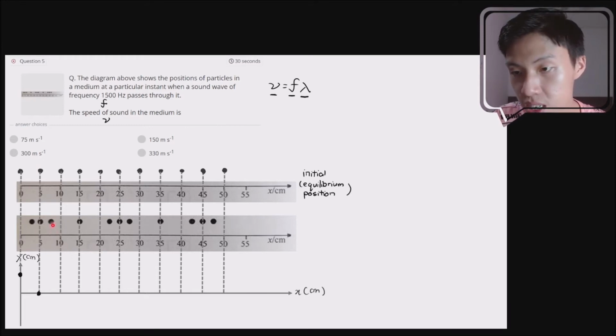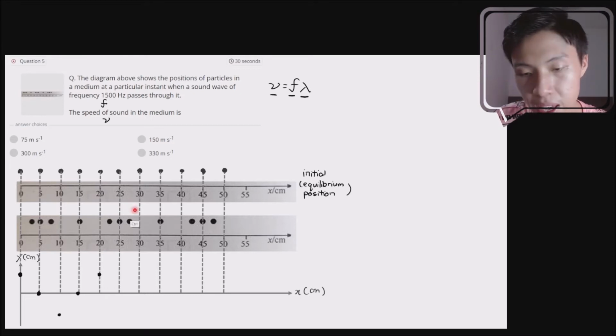Next, we can see that the particle at x equals 10 moves towards the left, which is a negative displacement, so plot it below the x-axis. Next, we look at x equals 15. This particle remains in its position, so no displacement, y equals 0. Continuing, the particle at x equals 20 is displaced towards the right, so that's a positive displacement up here.